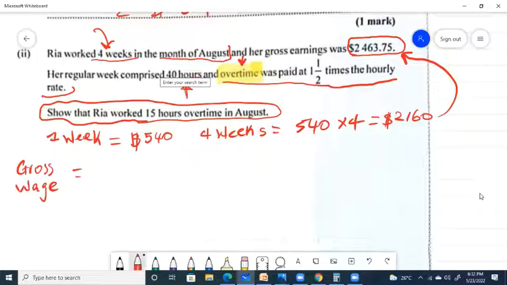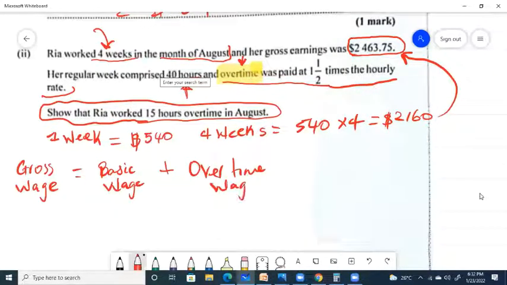So her gross salary would be her basic wage. And when we say basic wage, we're talking about the regular thing that she would have made, plus her overtime wage. So this would constitute this gross wage when you work regular, plus now you put together the overtime, when all of that comes together.